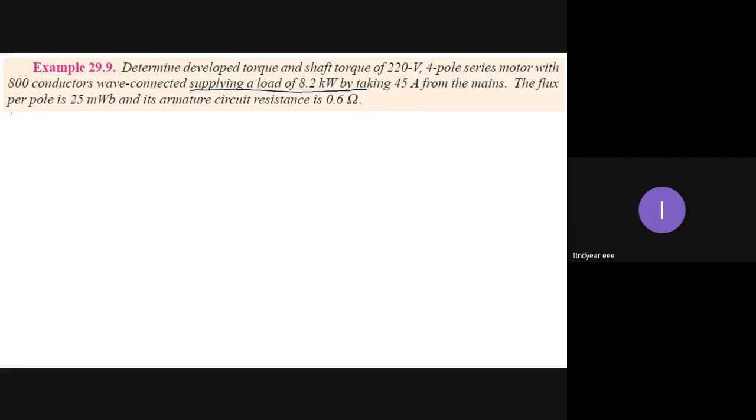So first we'll write the given things. First we'll draw the circuit diagram.